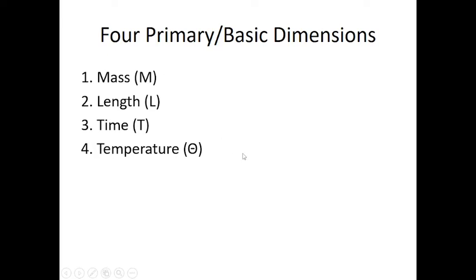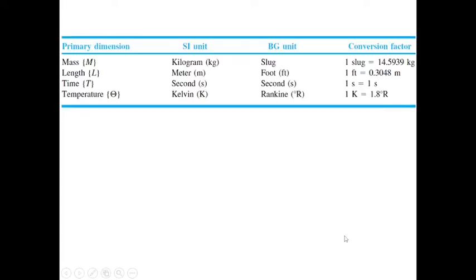So, because we have secondary dimensions na kung saan yung mga secondary dimensions gumagamit ng mga primary dimensions. Okay? So, later I'll give you an example to that. So, this is the primary dimension.